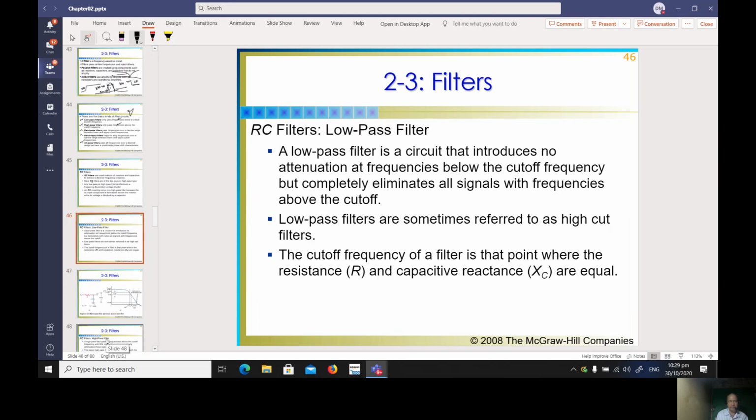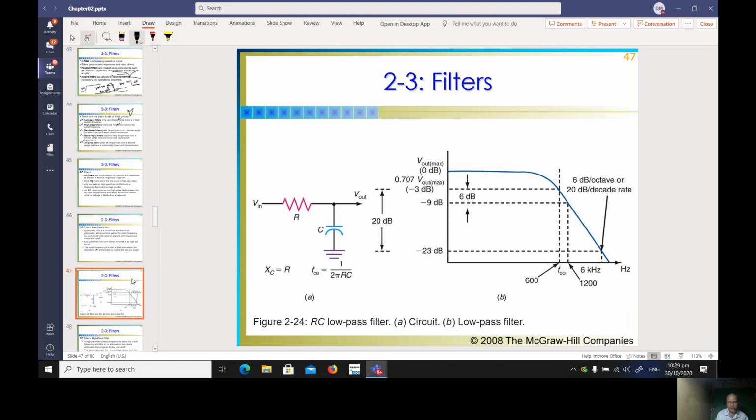So at low pass filter, ayan, naka-ground yung capacitor, yung negative, naka-ground. So you're allowing a low frequency and then rejecting the high frequency.